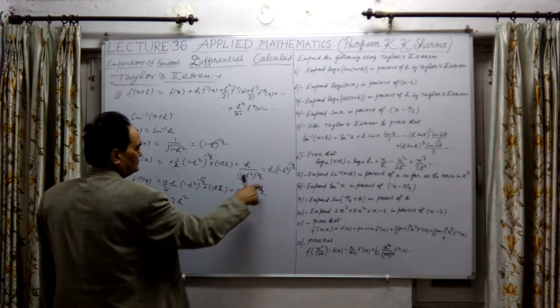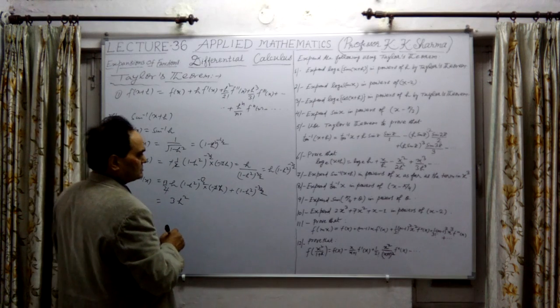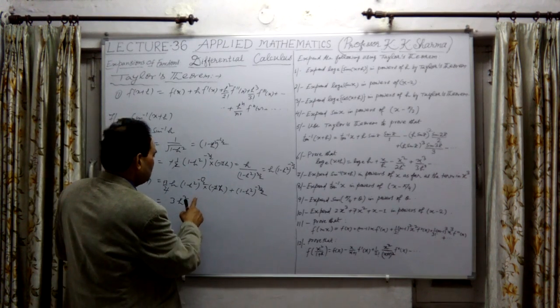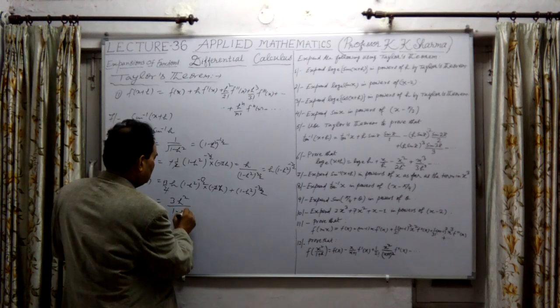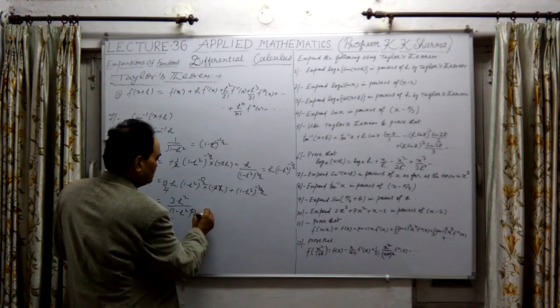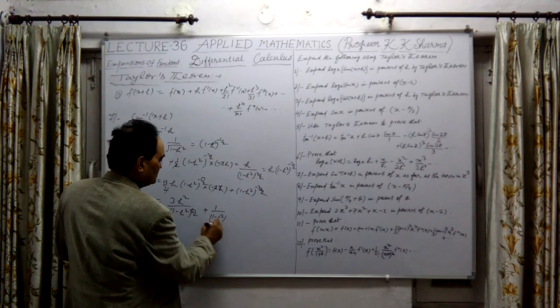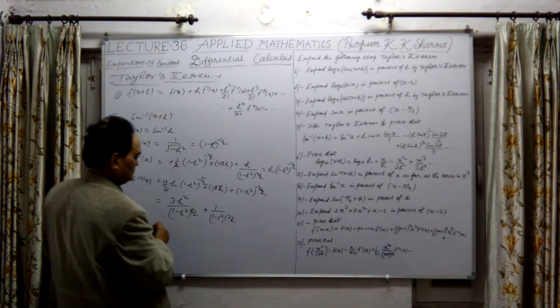Okay, here h is differentiated to 1, so (1 minus h square) whole power minus 3 by 2 is there. This is 3h square divided by (1 minus h square) whole power 5 by 2. This is plus 1 upon (1 minus h square) whole power 3 by 2.